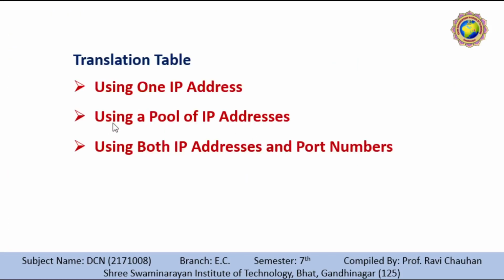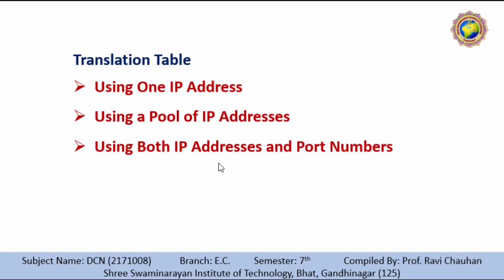Now, using a pool of IP addresses, the translation table. Since our NAT router has only one global address, only one private network host can access the same external host. To remove the restriction, the NAT router uses a pool of global addresses.